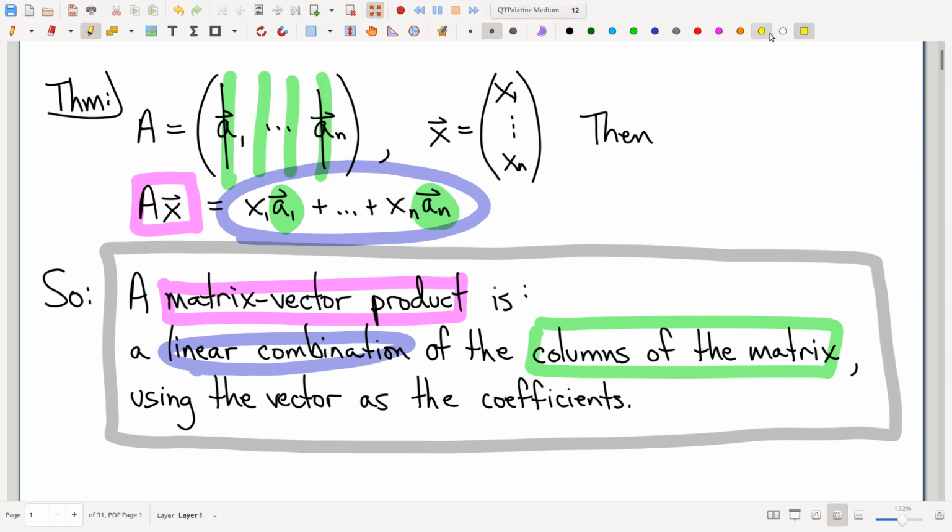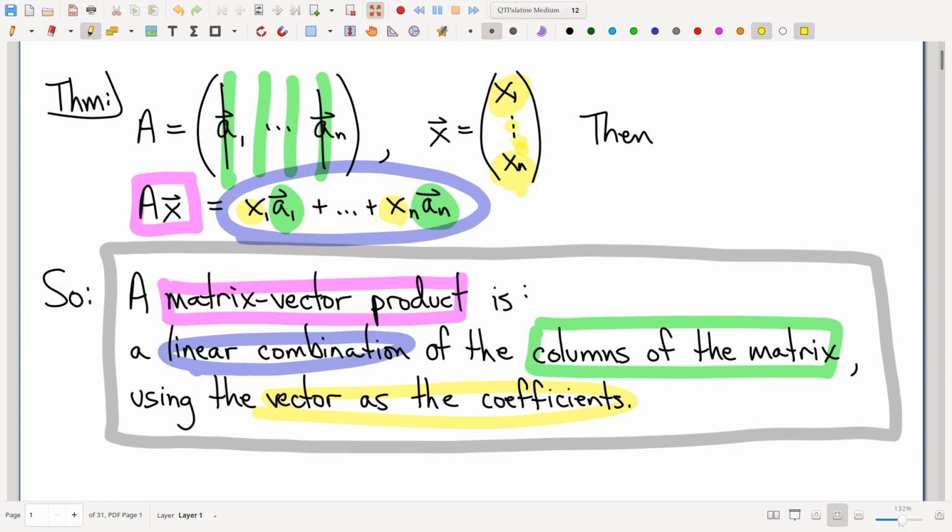Well, it's the linear combination that uses the coordinates of the vector as my coefficients. So this is the way you say it in English, and it's just summarizing this equation right here. So it's a really nice point of view.